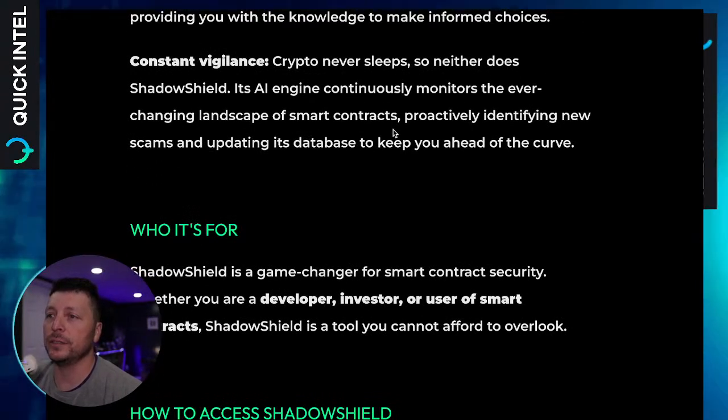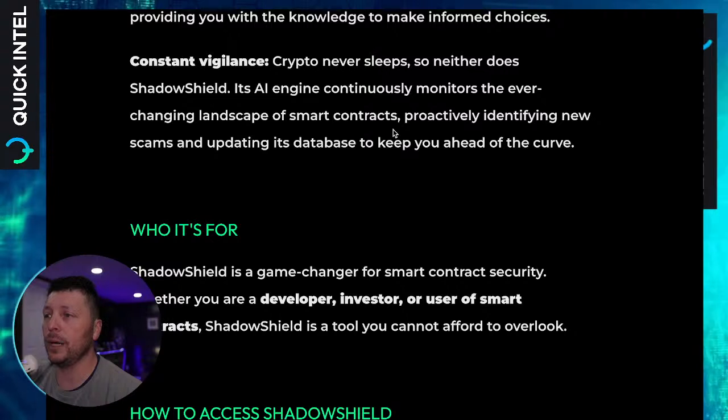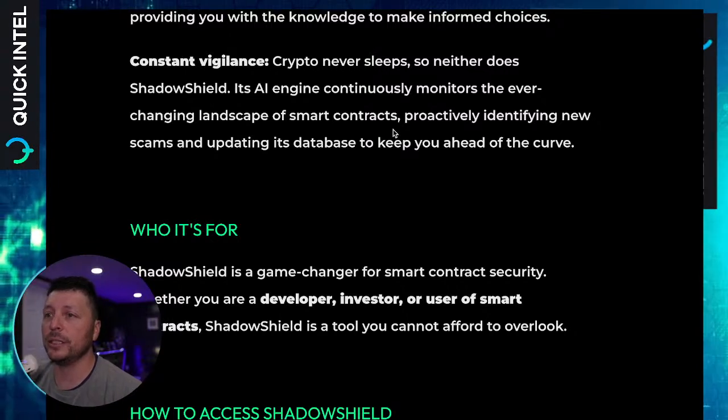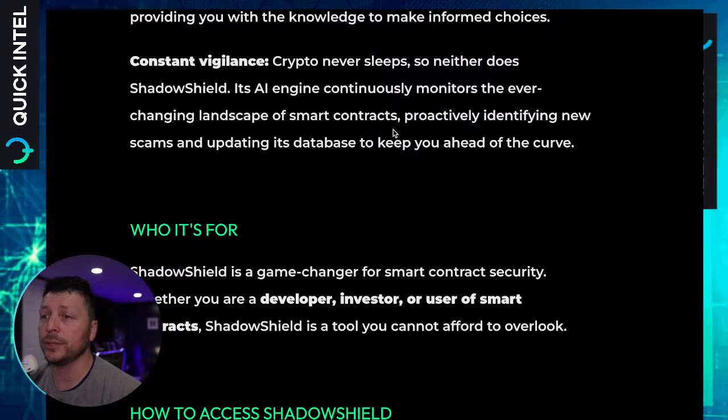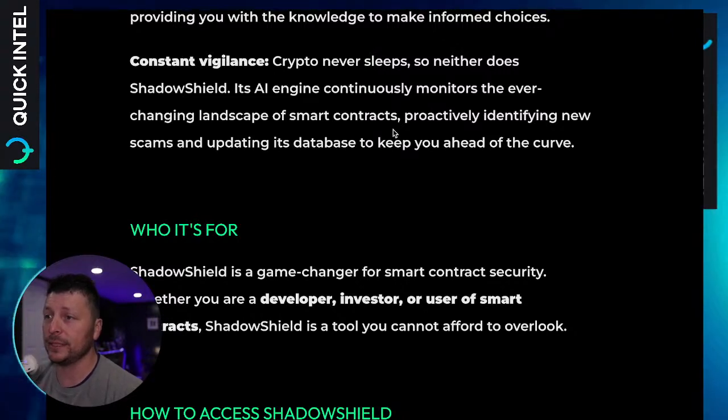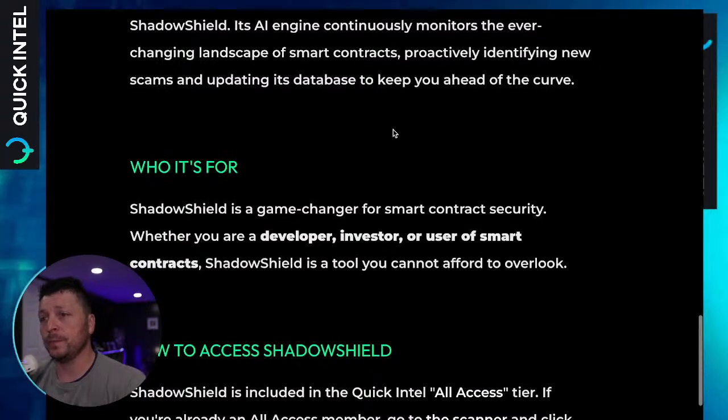Constant vigilance. Crypto never sleeps. Yes, that is true. So neither does Shadow Shield. Its AI engine continuously monitors the ever-changing landscape of smart contracts, proactively identifying new scams and updating its database to keep you ahead of the curve.